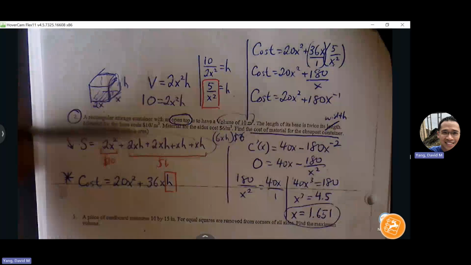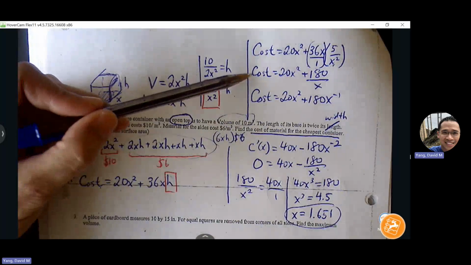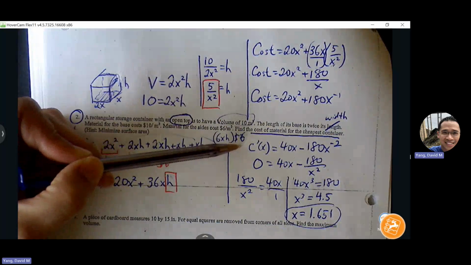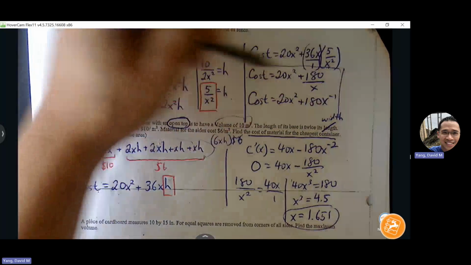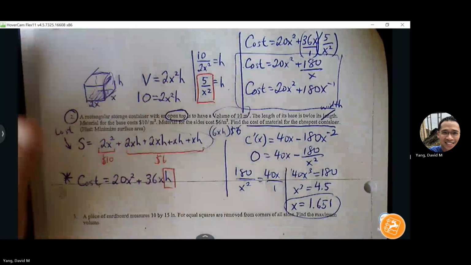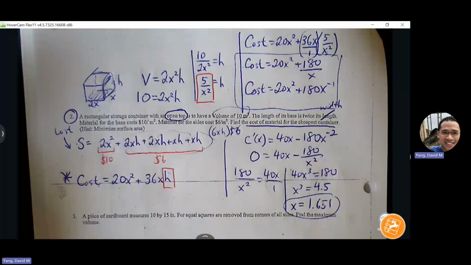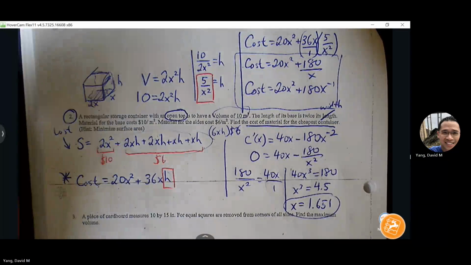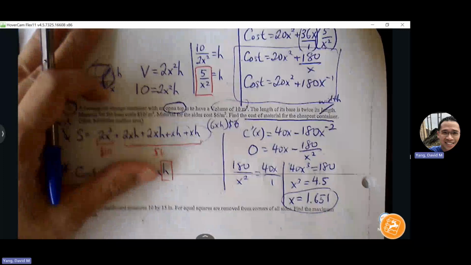So I have multiple cost equations here. You can use this one, you can use this one. You don't want to use C prime, that's something else, right? So you just plug into one of the cost equations, and then whatever that gives you, that's your optimal cost. Yeah, second one or the first one, it's up to you.